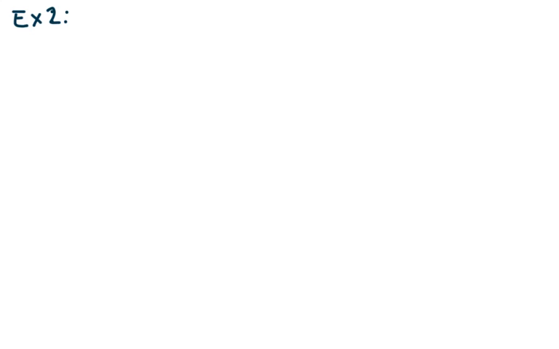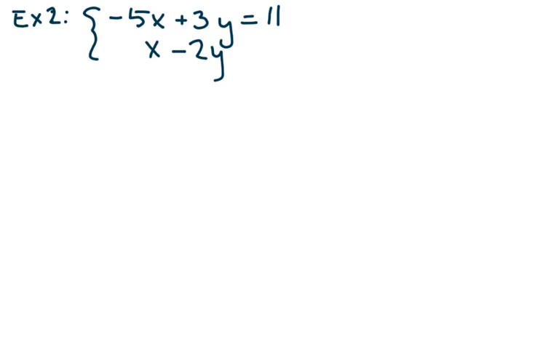In this one, I am given negative 5x plus 3y equals 11, and I'm given x minus 2y equals 2. So if I just try to add as is, I would get negative 4x, I would get a 1y, and I would get 13.